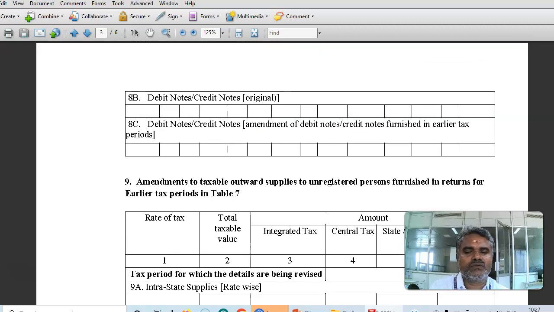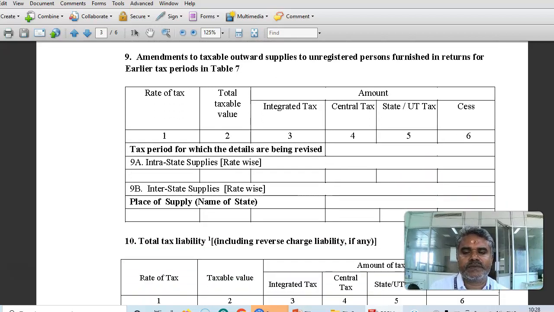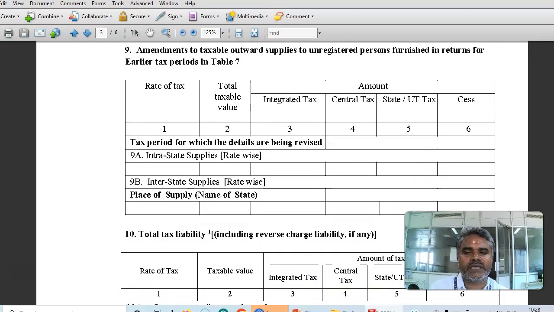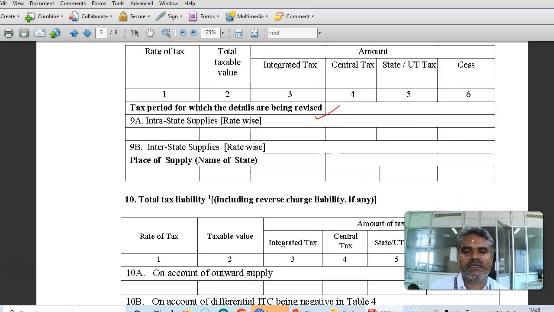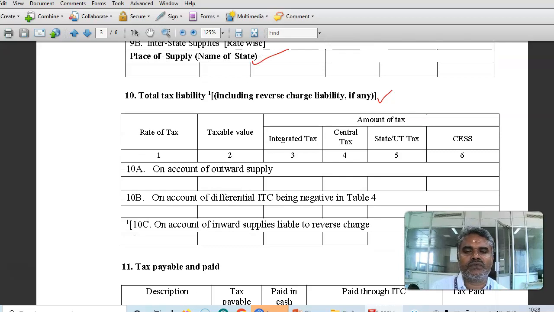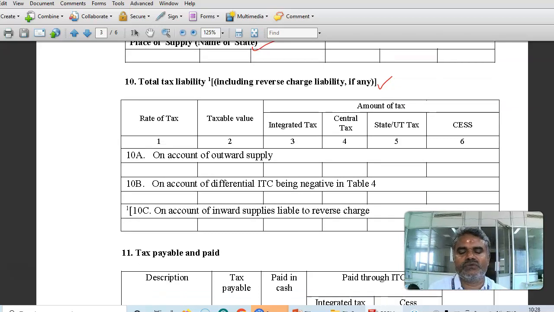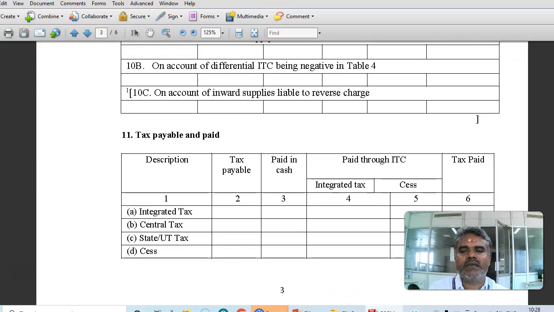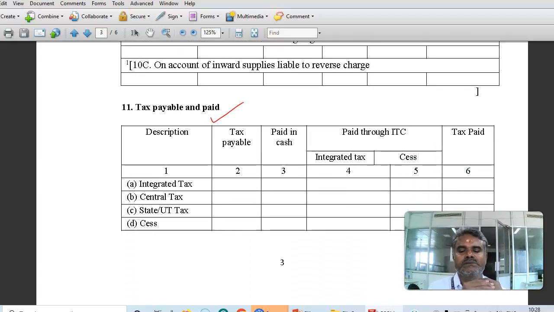Then amendments to taxable outward supplies to unregistered persons furnished in returns for an earlier tax period. The tax period for which the details are being revised. Then interstate supplies, total tax liability including reverse charge liability. Then on account of outward supplies, whatever information you have, you give. The tax payable and paid after adjusting all: integrated tax, central tax, state or UT tax and cess.